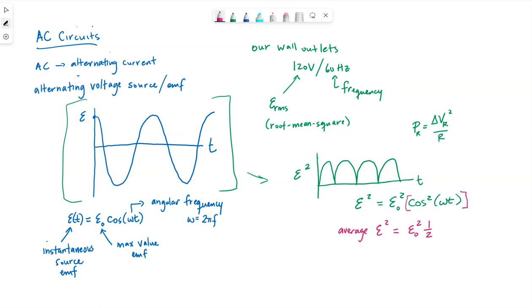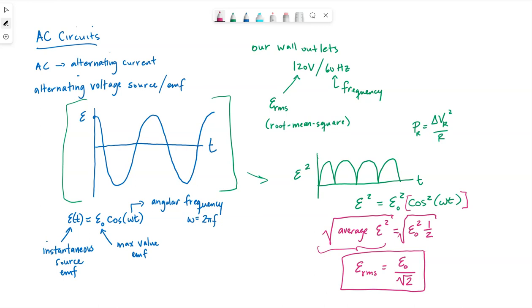That is 1/2. If we take the square root of both sides, this is what we call ERMS or EMF RMS. The square root of the maximum value squared is just going to be the maximum value. And then we'll end up with the square root of 2 on the bottom.